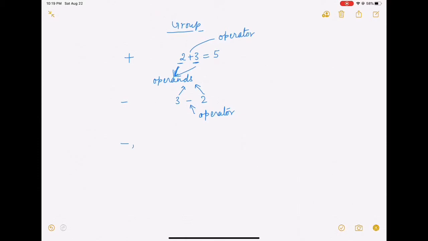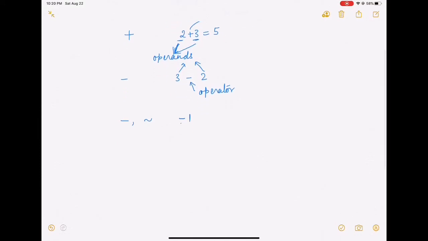Instead of writing it as a negative, we may write it as a negation, or like this, minus 1. If we write minus 1, here this minus is an operator and this 1 is the operand.